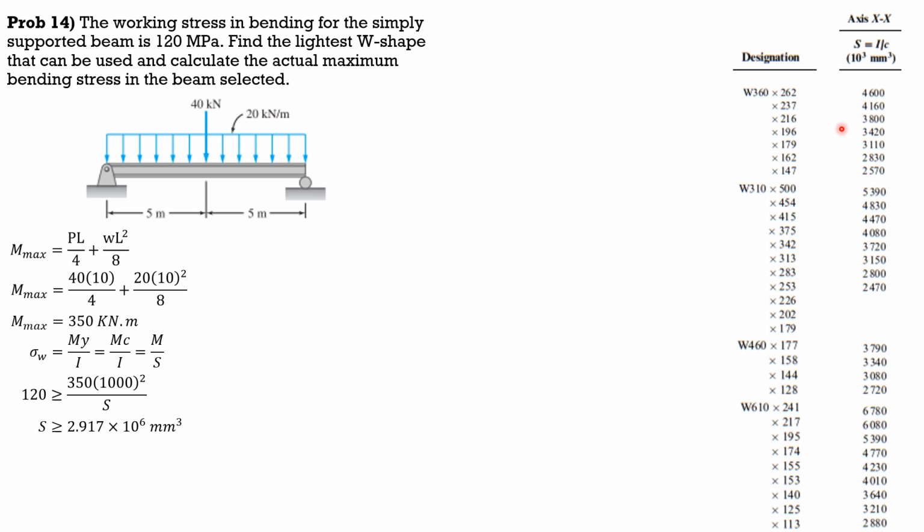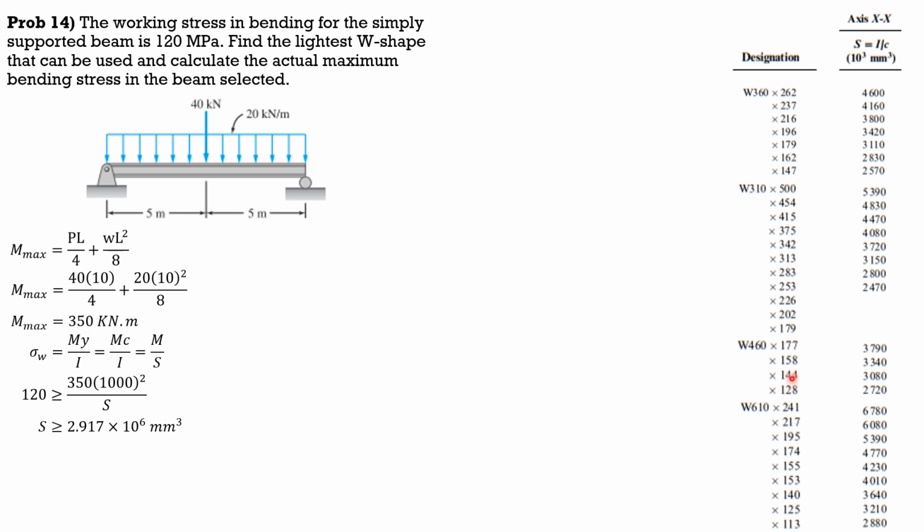So far, 360 by 179 controls. Then for W460 variety, we have W460 by 144, which satisfies the requirement. So it is lighter than W360 by 179. So far, this controls.